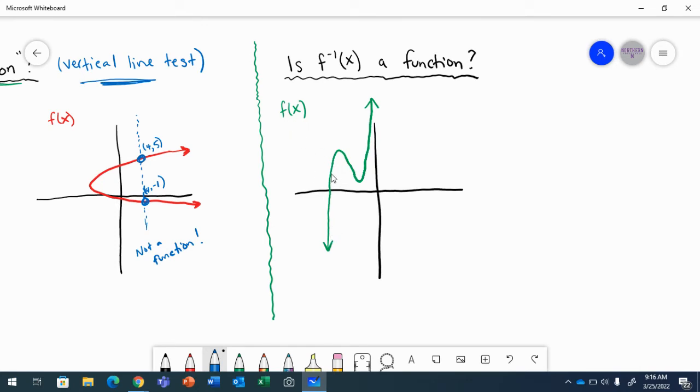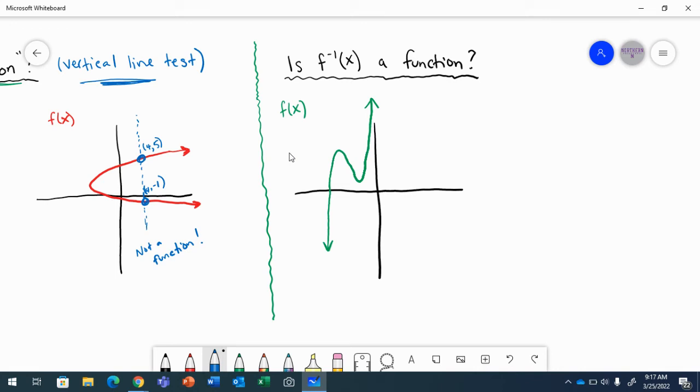A relation would just be when it's not considered a function, if there are more y values for each x. And so this green graph here is our f of x function, or f of x relation. In this case, it is a function because I could draw vertical lines and it would only ever hit one spot on my graph. But I'm being asked, is the inverse a function?